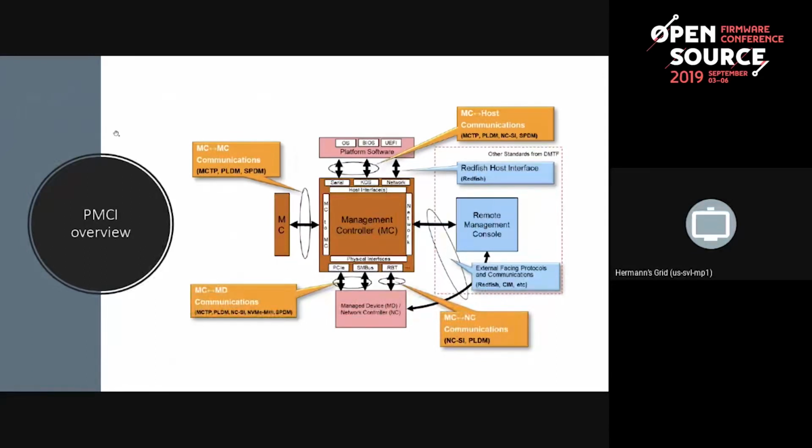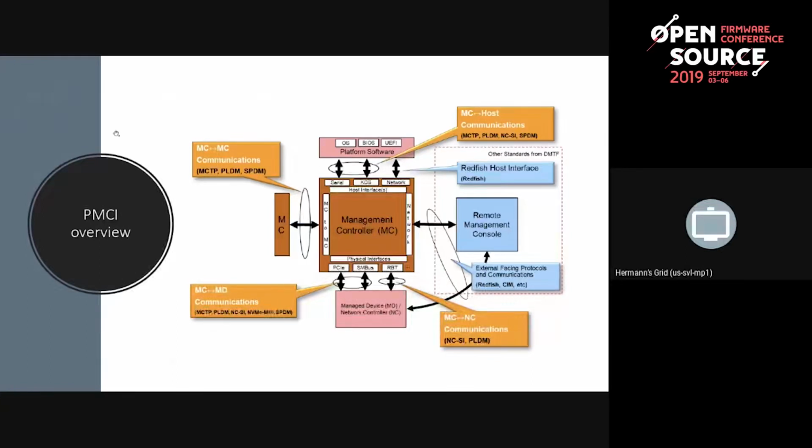PLDM is a way to abstract hardware management functions, things like monitoring temperatures, fan speeds, through inventory, the typical management functions. PLDM abstracts them and provides an efficient way to exchange that management information inside the box between different management components.